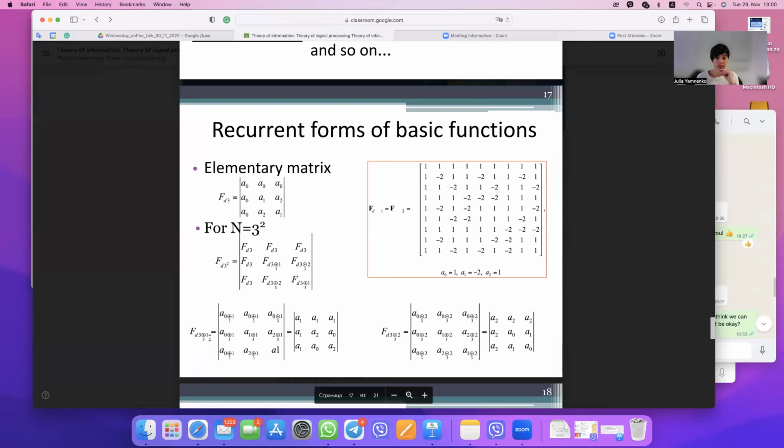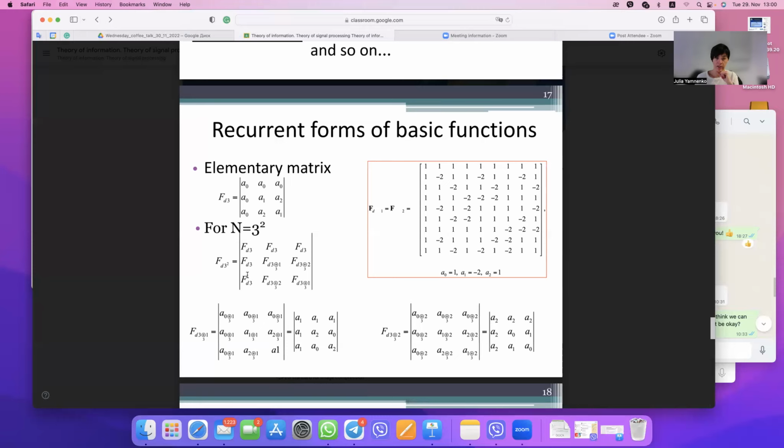And here you can see the detailed explanation of how to do this. So for FD3 plus 1 by module 3, you should add 1 to every lower index of every element of our original elementary matrix.